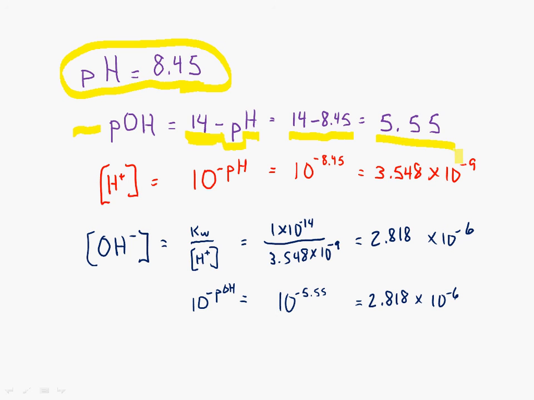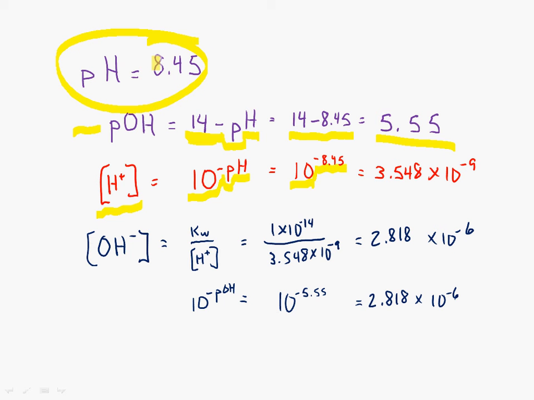We could also calculate the hydrogen ion concentration as 10 raised to the negative pH. So that's 10 raised to negative 8.45. Remember, the pH up here was originally 8.45. Here we're just changing the sign, negative 8.45.